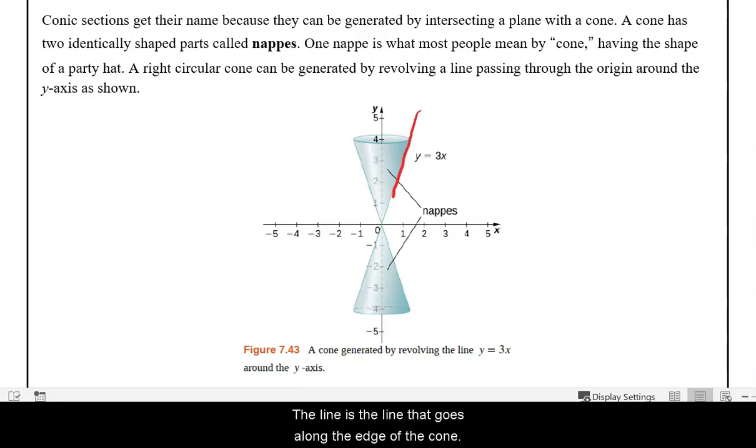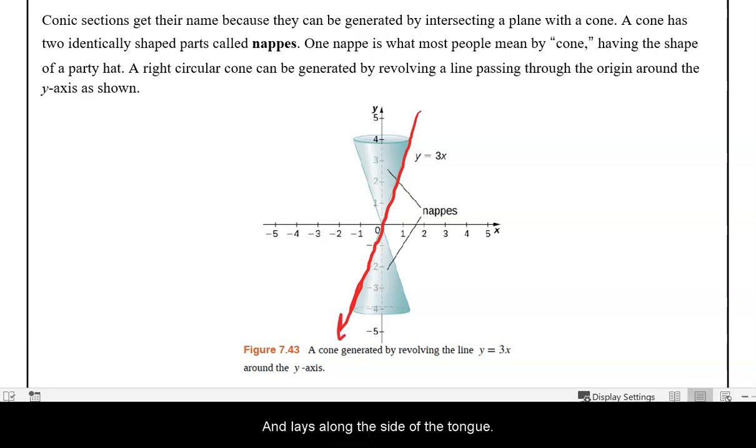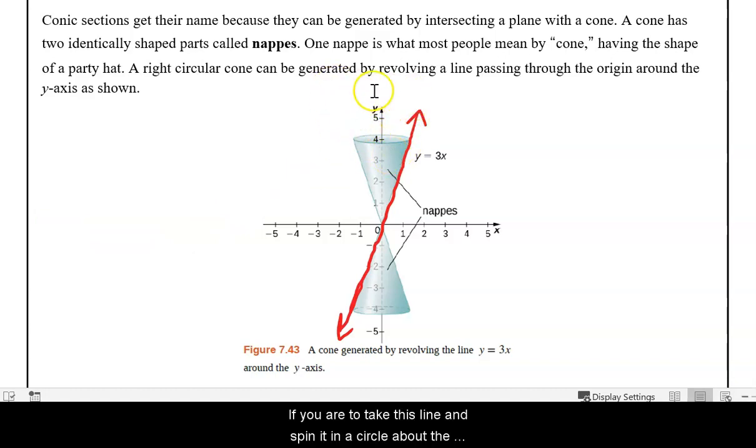The line goes along the edge of the cone and lays along the side of the cone. If you were to take this line and spin it in a circle about the y-axis, you would generate both nappes of the cone.